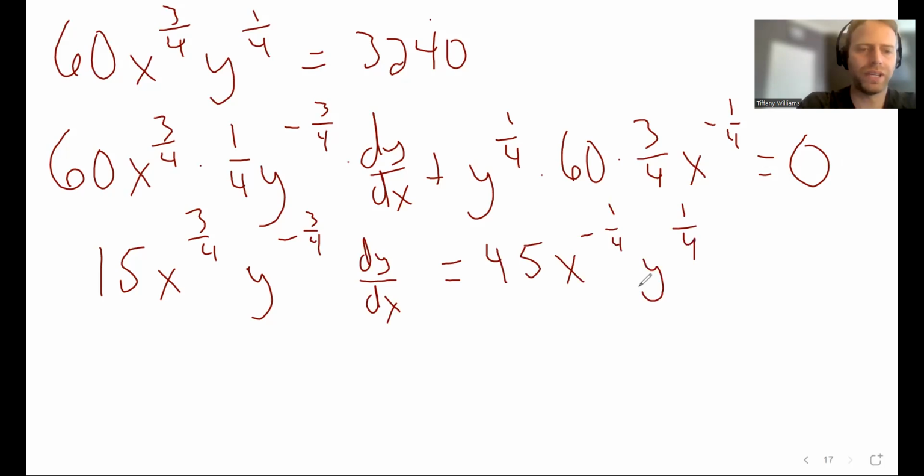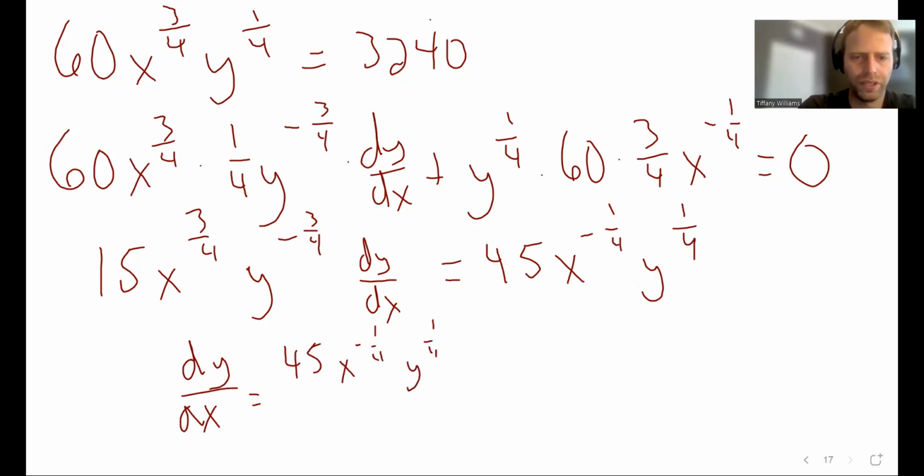Okay, and then of course dy/dx is found by dividing by what's in front. You just have the 1, we don't have to factor dy/dx out. So I'm going to divide by this term on both sides, and that's going to give me 45 x to the negative 1/4 y to the 1/4 over 15 x to the 3/4 y to the negative 3/4.